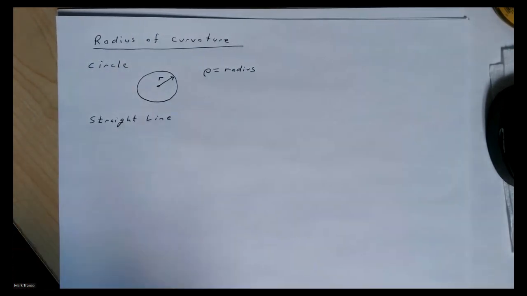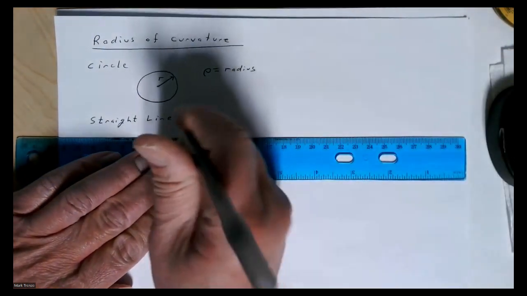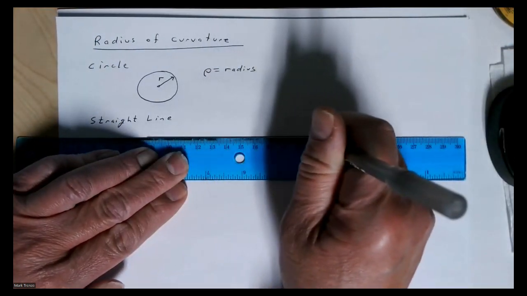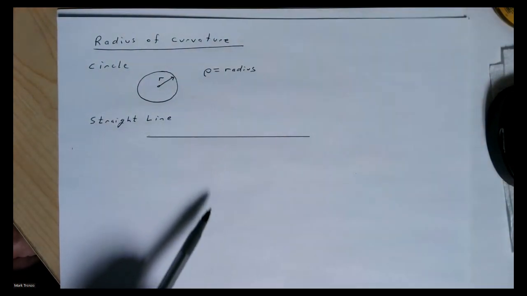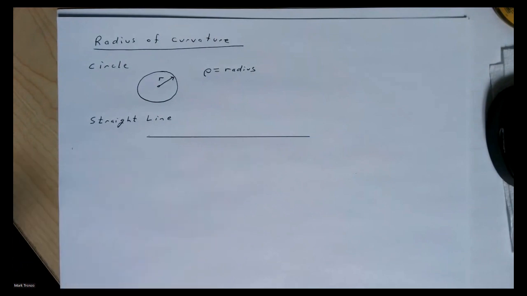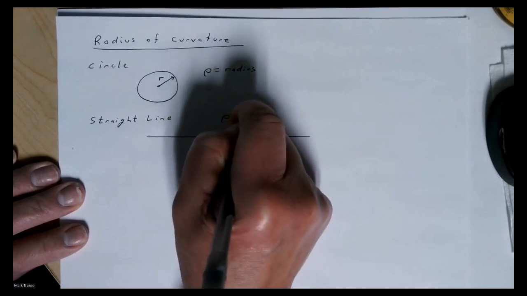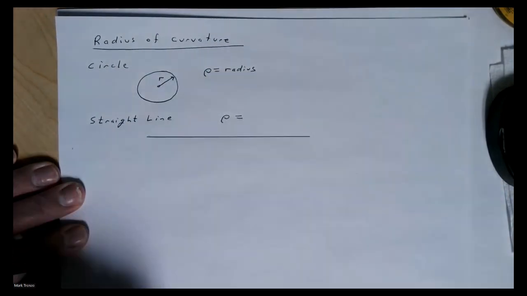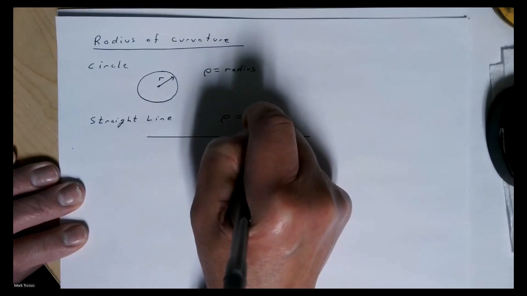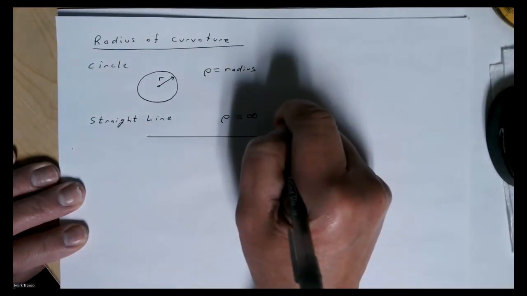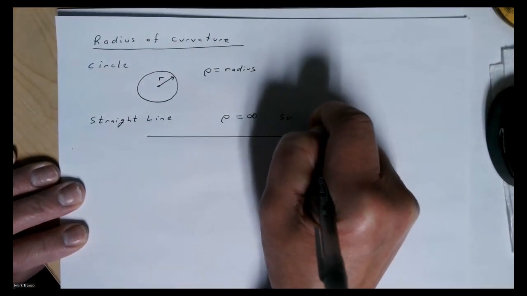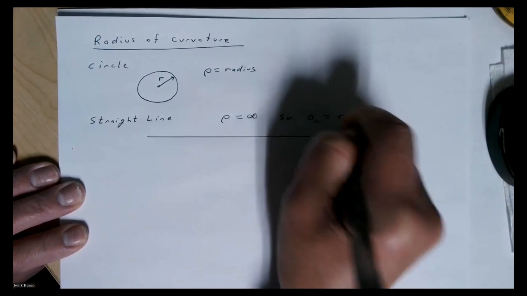If we have a straight line, you can kind of imagine that there's no center of the radius of curvature. It's basically infinite. So if you have a straight line, technically we should say rho approaches infinity. And so in that case, we can simply say the normal component of the acceleration is 0.